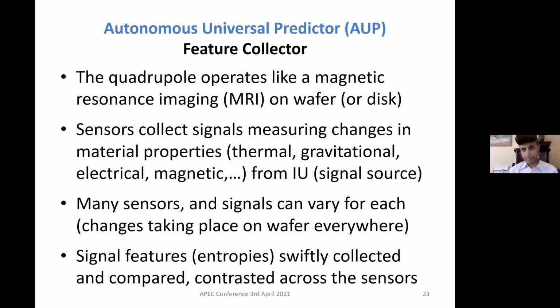Okay, so what that is, I'm taking these signals that are coming in, and I'm getting a measure of their entropy.